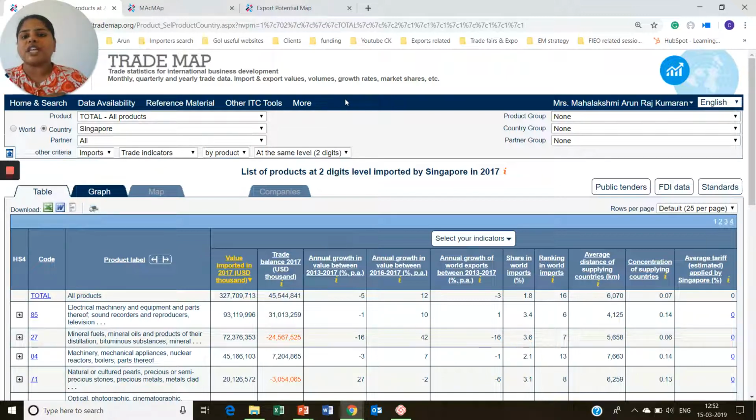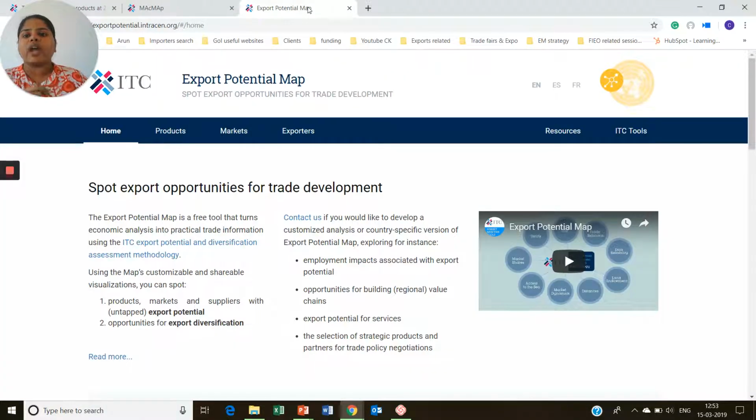But we should always have a balance. We should not decide just because of how the product has performed in the past, but we should also know about the future performance. For that, we are going to use a tool called Export Potential Map.